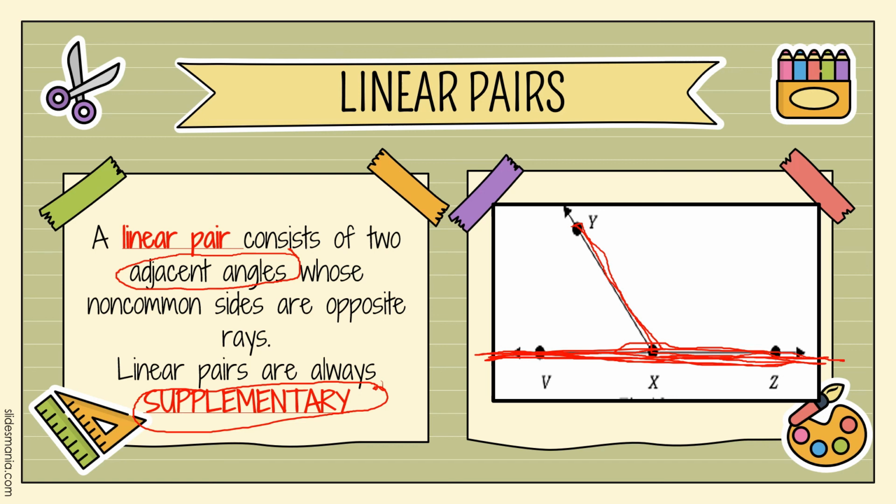So if we have two angles that, when we connect them, form a straight line, it is a linear pair. Take note that they should share a common side. Is that clear? This is all we have for this session.